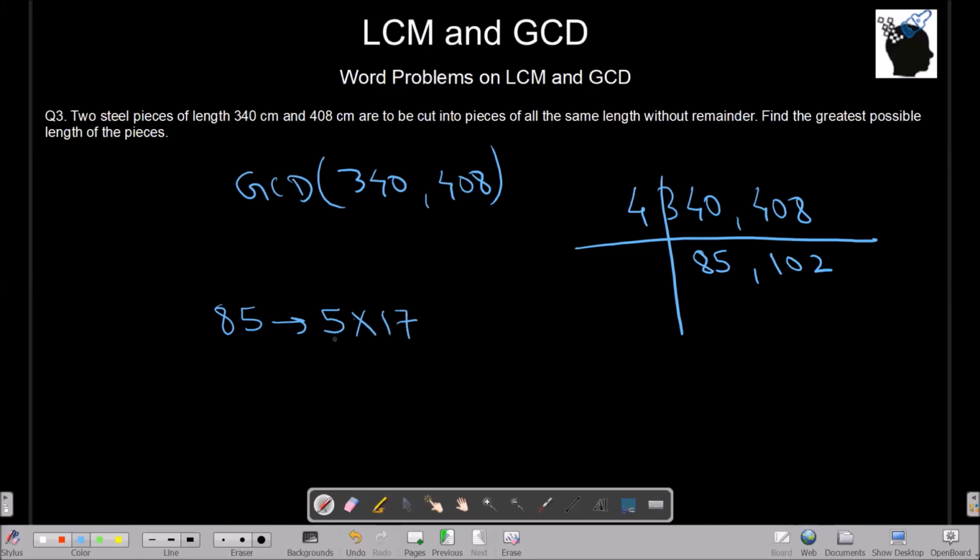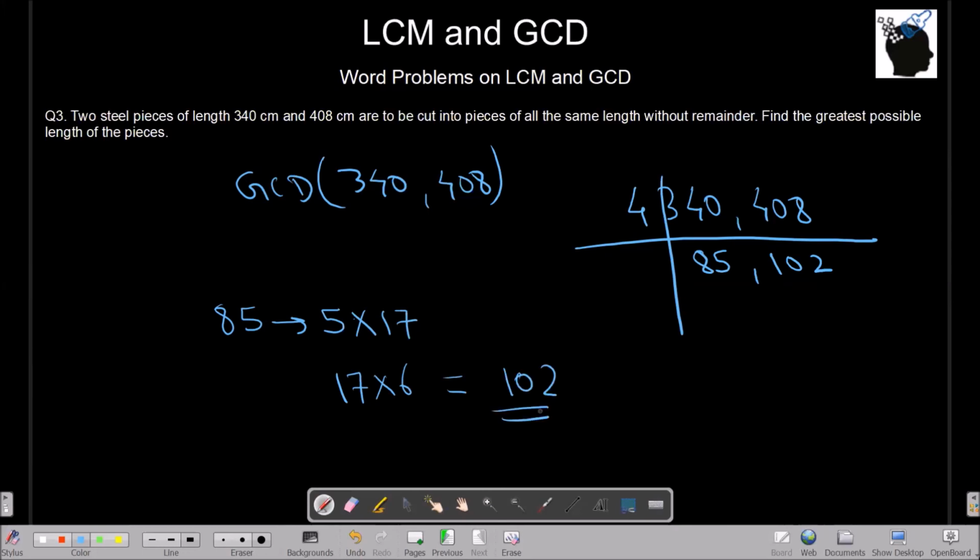Now both 5 and 17 are prime numbers. So 102 has to be either divisible by 5 or by 17. Then only 85 and 102 can have a common factor. I know 102 doesn't go by 5. So probably it goes by 17. Let me try 17 into 6. I know 17 into 6 is 102.